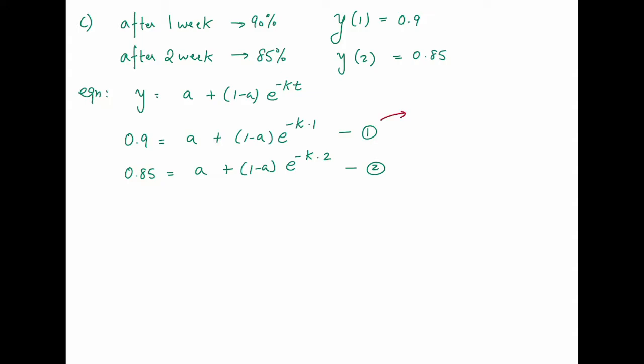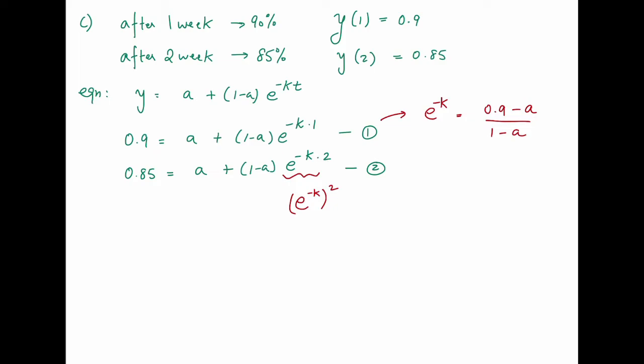From equation 1, I'm going to isolate the value of e to the power negative k. It will be (0.9 minus a) over (1 minus a). Does everybody agree that from equation 1, e to the power negative k is going to be that? Okay, perfect. Now I'm going to show you that e to the power negative 2k is just e to the power negative k squared.